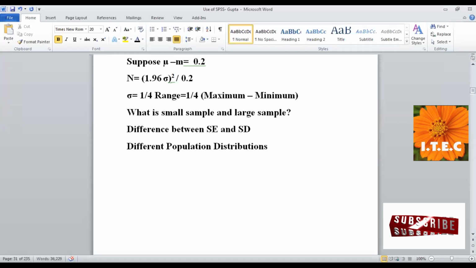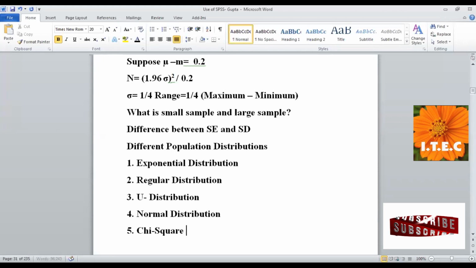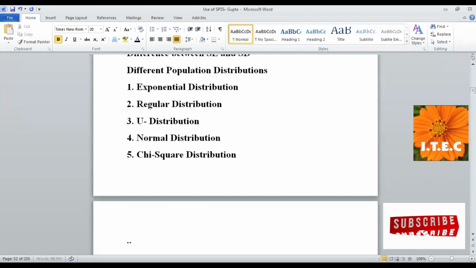One is called exponential distribution, another is called regular distribution, another is called U distribution, another is called normal distribution, another is called chi-square distribution, and like this there are many distributions.